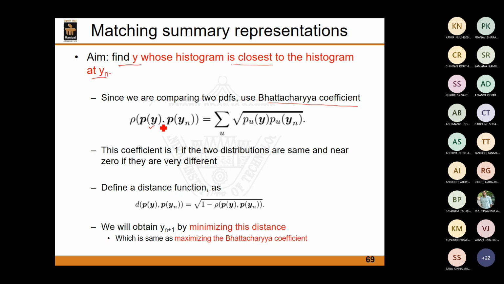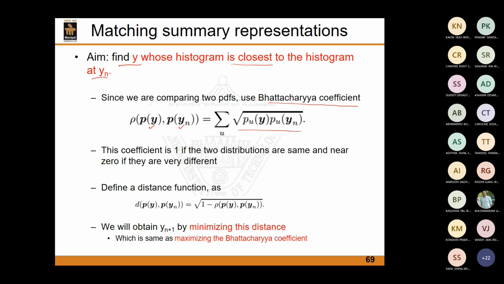So you're comparing two PDFs: the probability density function when the circular center is at the pixel location y, and the probability density function when the center of the circular domain that we are considering is at the location yn, the new position for y. For these two PDFs you calculate the Bhattacharya coefficient, given by this expression, where you take the root of the product of these two probability functions and sum it over different values of u.